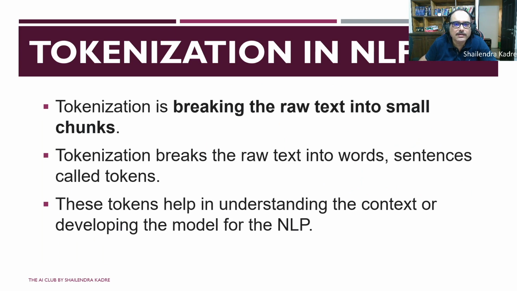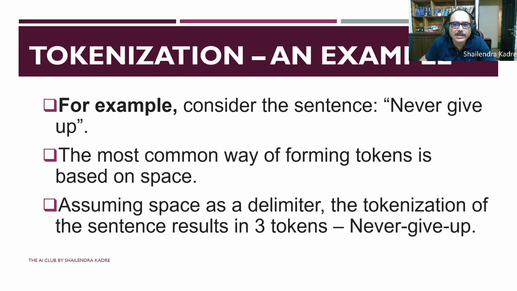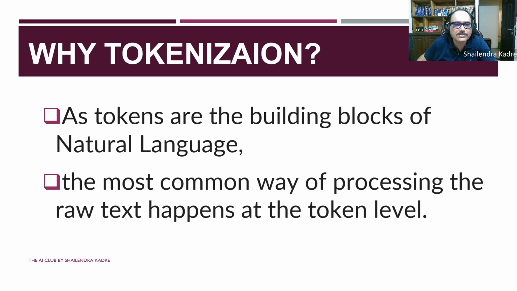Then tokenization, I think you have already understood. I will not repeat it now because we have a sentence called never give up. If we do tokenization, in the last one it has three tokens: never, give, up. I think it is properly understood.